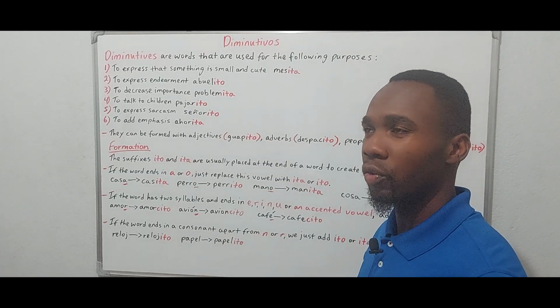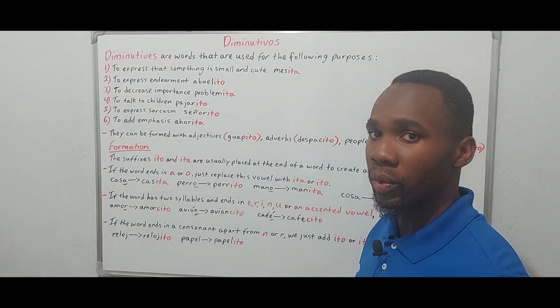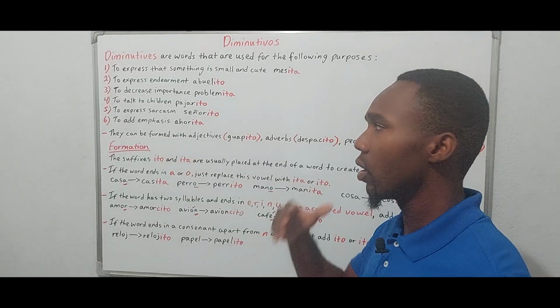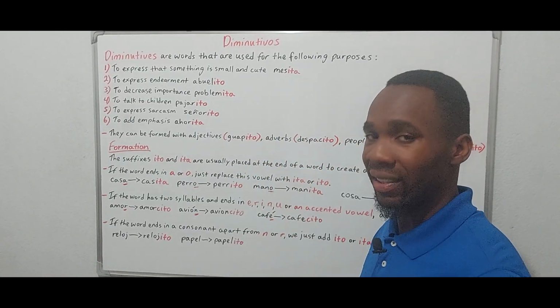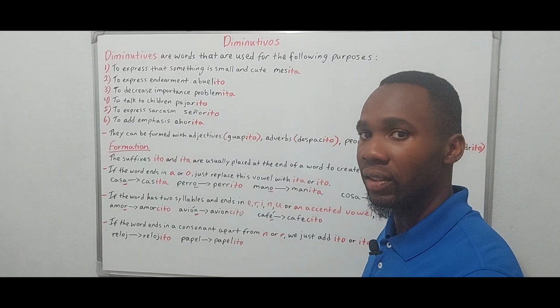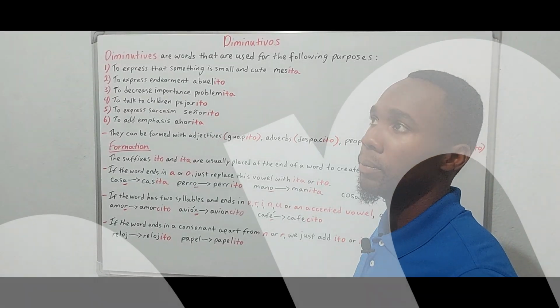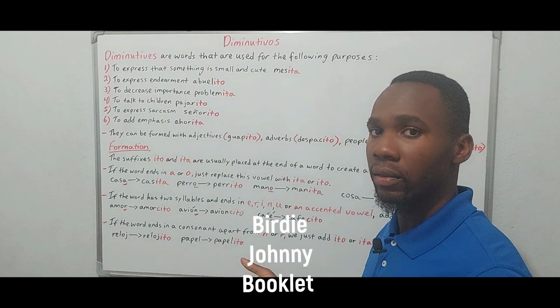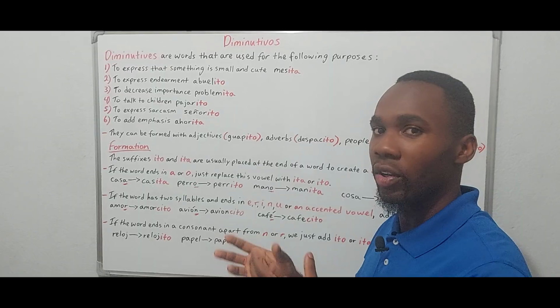In English, they take the form of suffixes that are placed at the end of words, and the context is pretty much the same. So examples of diminutives in English would be birdie, Johnny, even booklet, right? The let indicates that it is a smaller version.